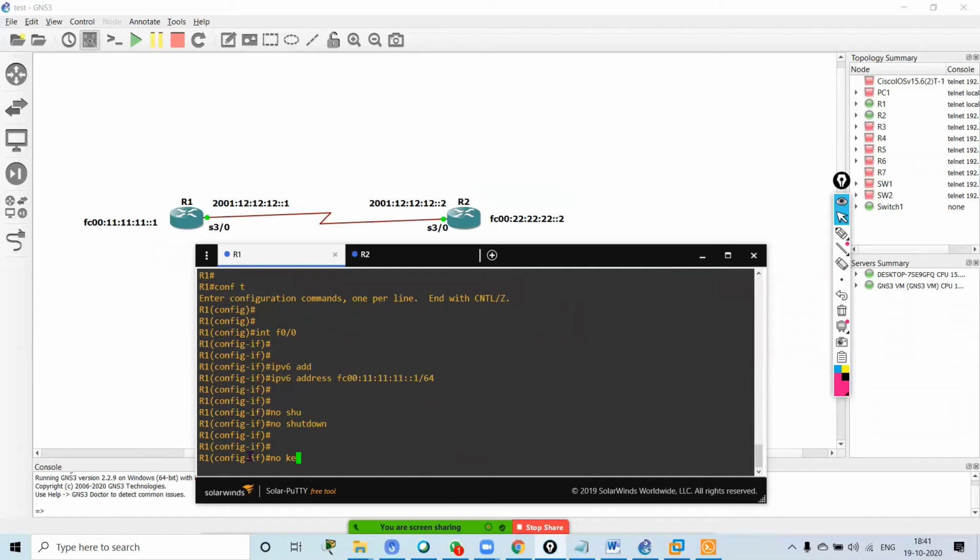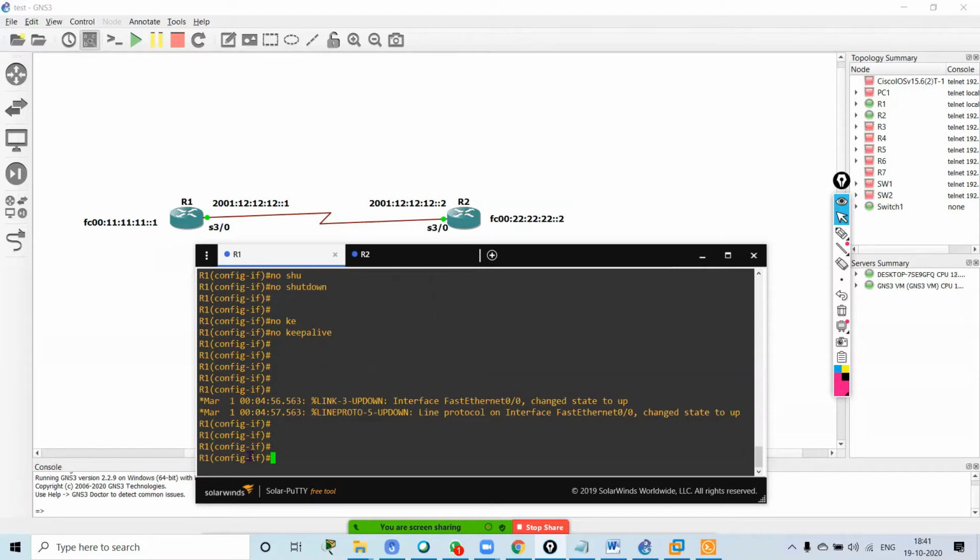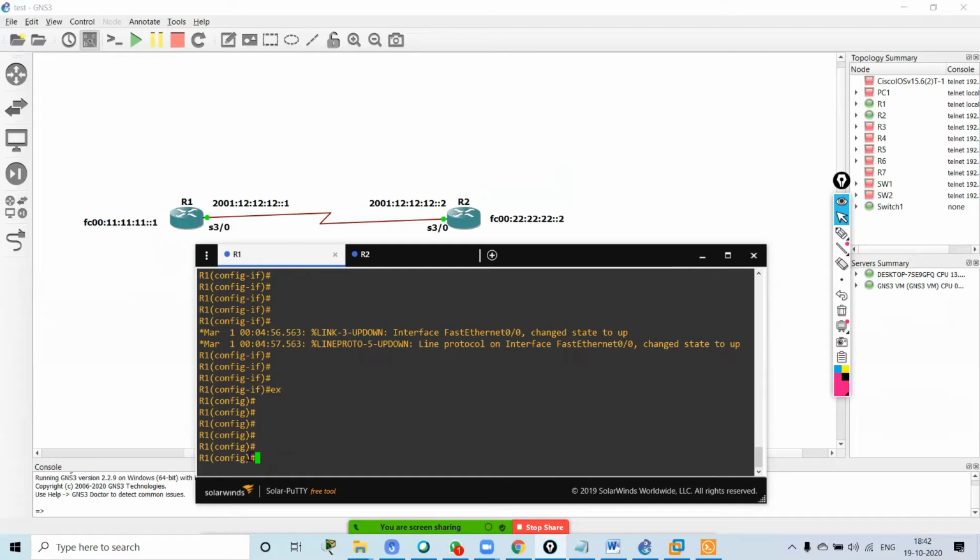No keepalive. See, in IP version 6, if you are not connecting a physical link, I have not connected a physical link on the FastEthernet interface. So it is a best practice to give this command, no keepalive. Okay, no keepalive command. You can use it over here.